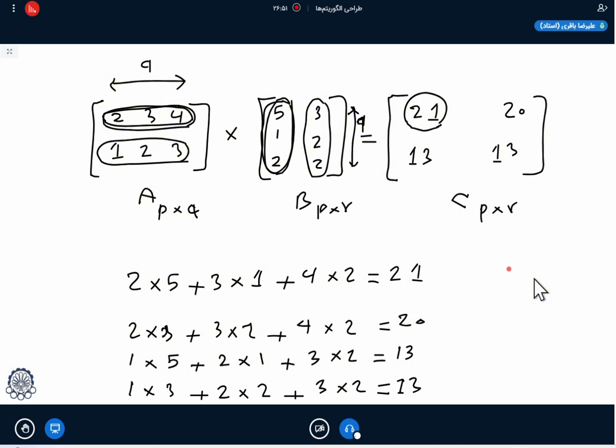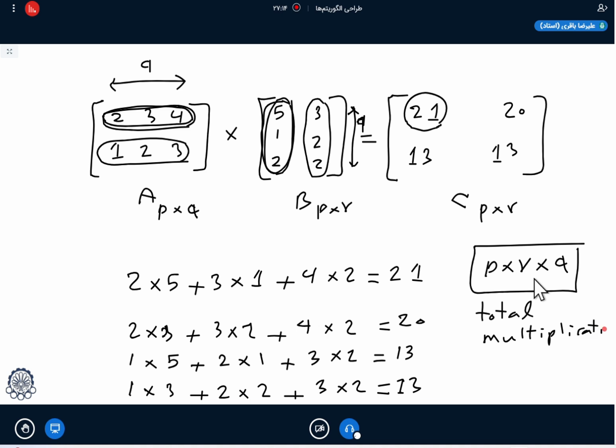So the total multiplication for computing C is P multiplied by R multiplied by Q. This is the total number of multiplications for computing matrix C. Okay.